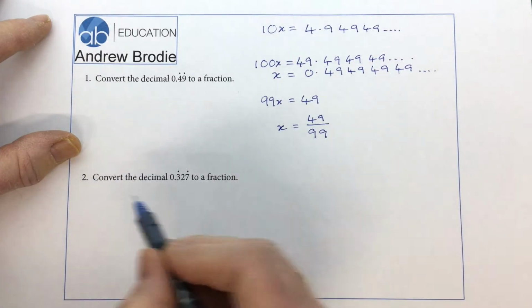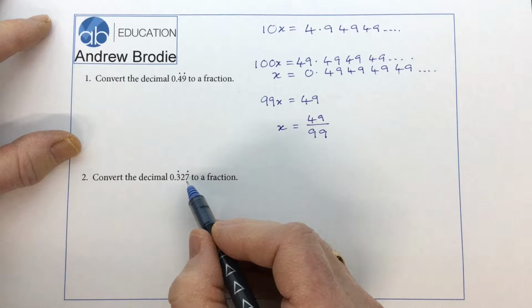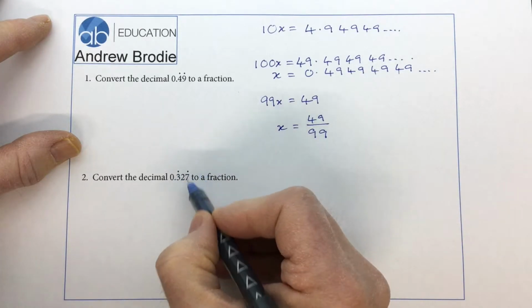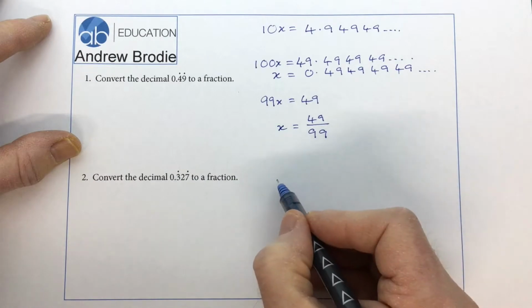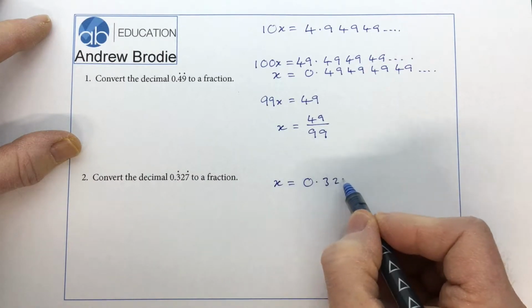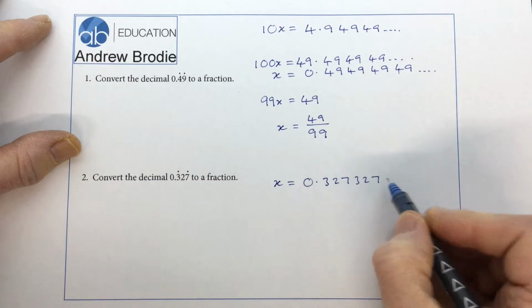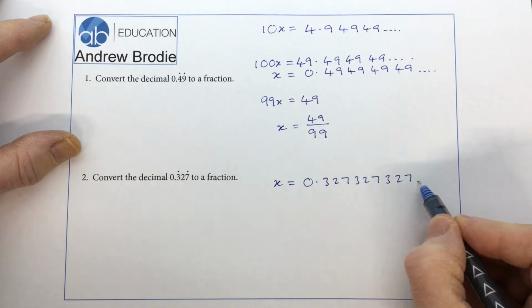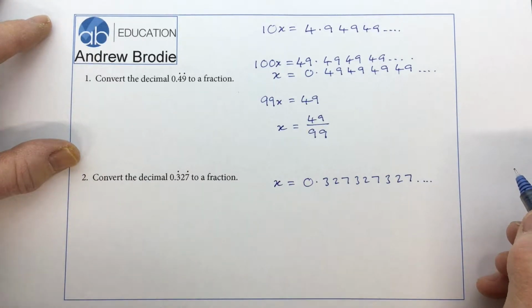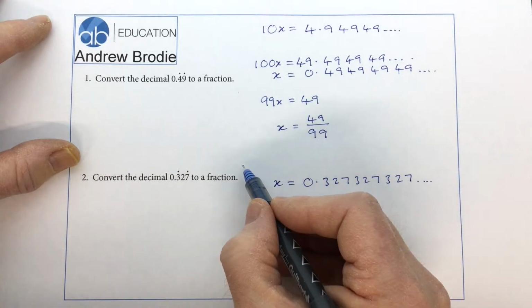Now with number 2 here, convert the decimal 0.327 recurring to a fraction, and you can see because there's a dot over the 3 and a dot over the 7 that x will be equal to 0.327327327 and so on. And to get the numbers to match up nicely, we're going to have to do 1000x.